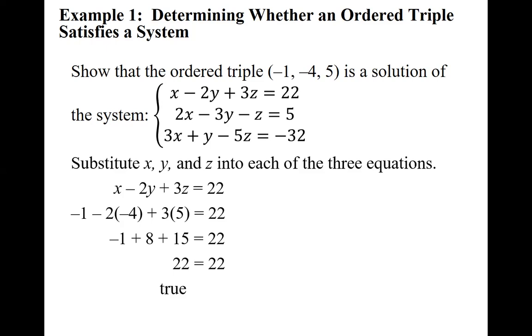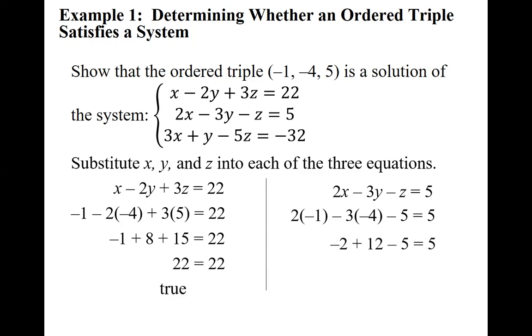Let's do it again. Plug in x, y, and z, -1, -4, and 5. That's going to be -2 plus 12 minus 5 equals 5. It's -7 plus 12. That's 5. 5 equals 5. That one's true. Oh, this one might just be a solution.